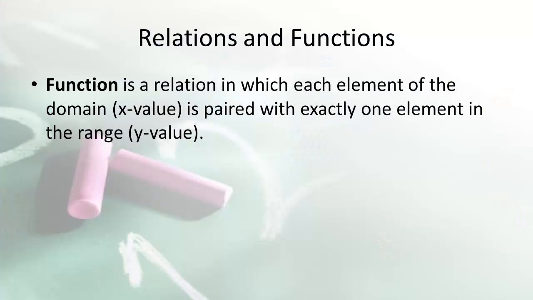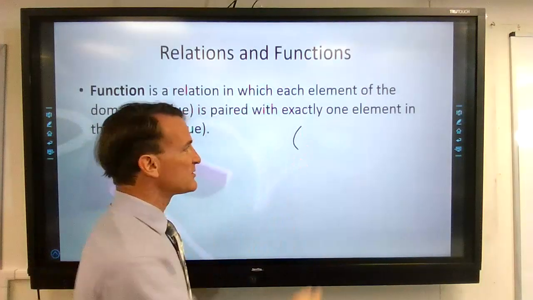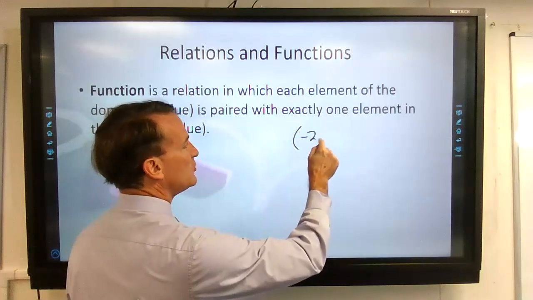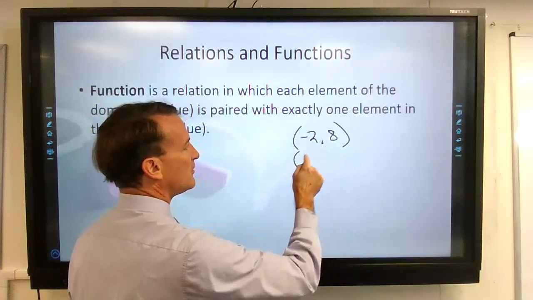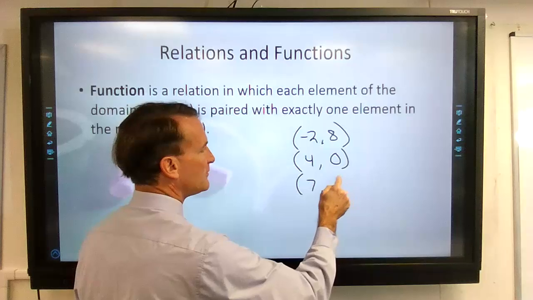A function is a relation in which each element of the domain, or my x values, is paired with exactly one element in the range, or my y value. Let me give you an example. If I had a list of points, let's say (-2, 8), (4, 0), (7, 5).